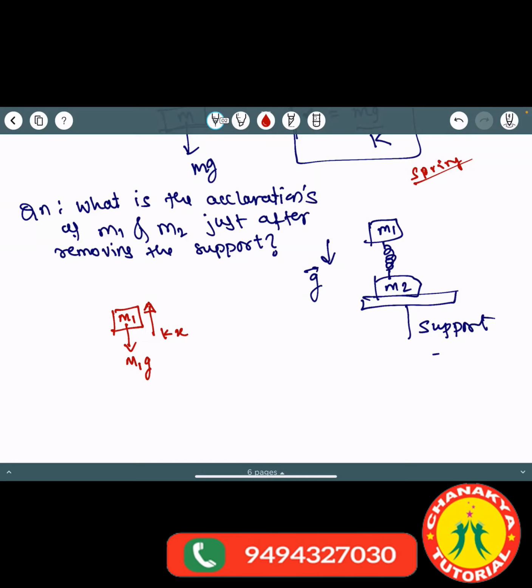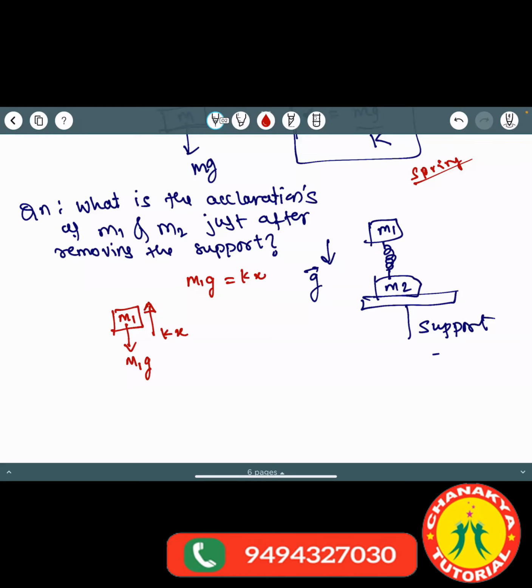So what should be the equation, the relation between these two? M1g is equal to Kx. Why so? Because the block is not moving at all.